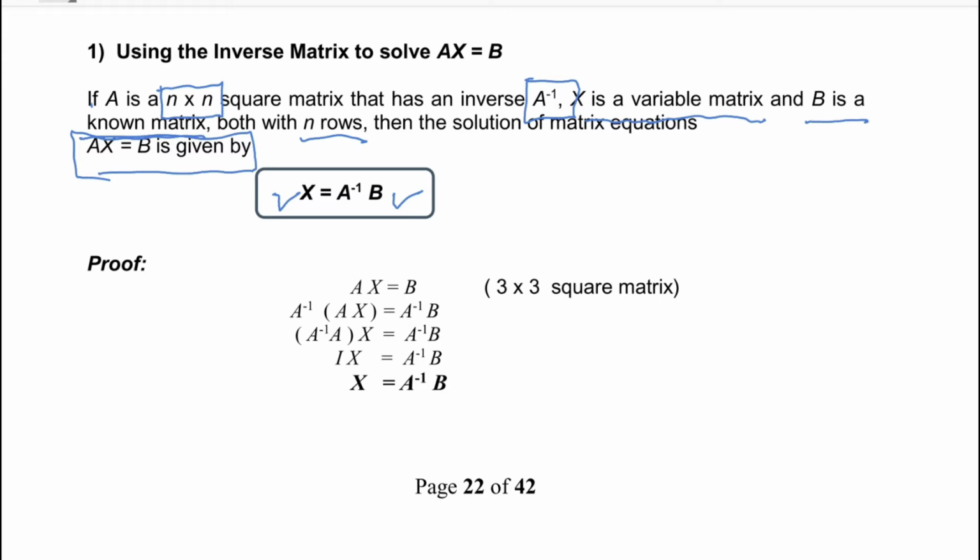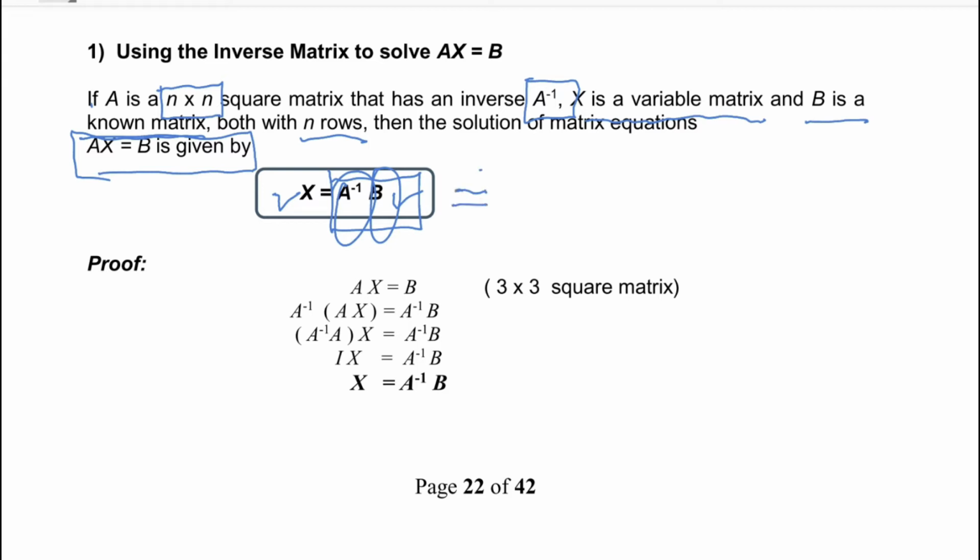As you learned before, for multiplication between two matrices, the arrangement is important. You must always remember the inverse of the matrix comes first, and then you multiply it with the known matrix.